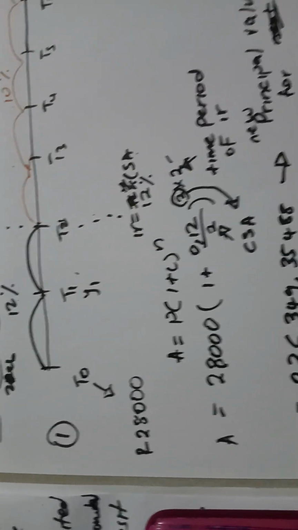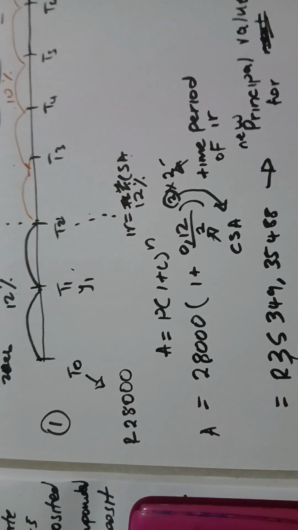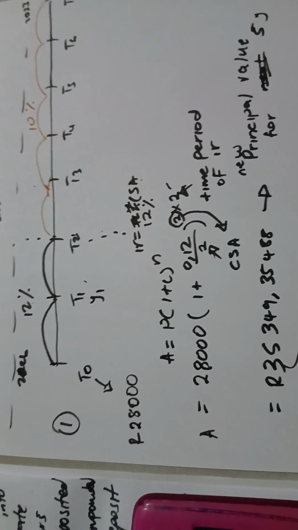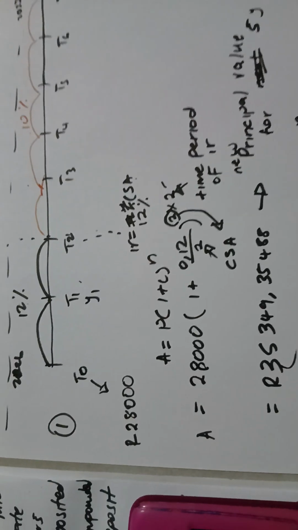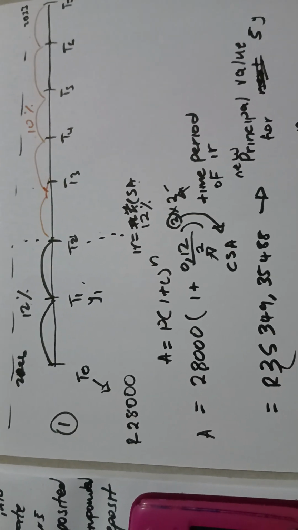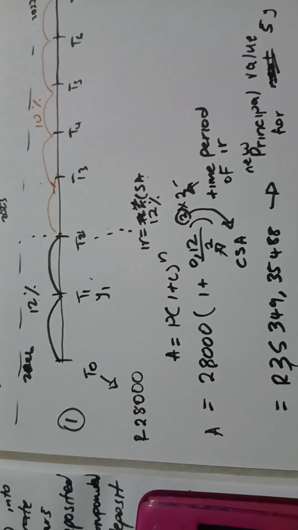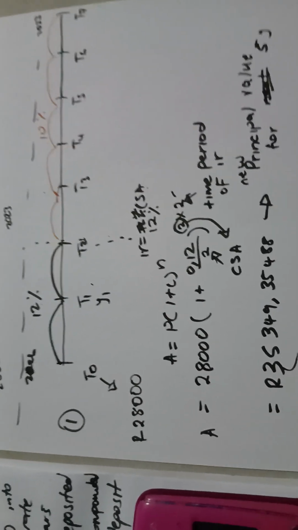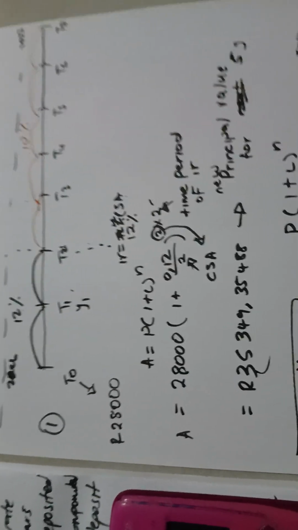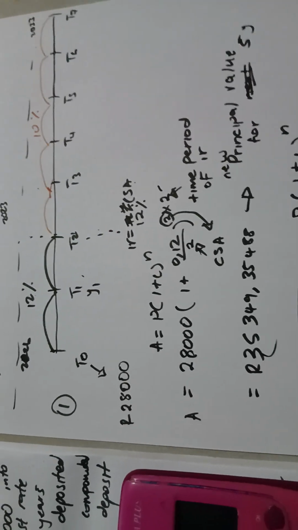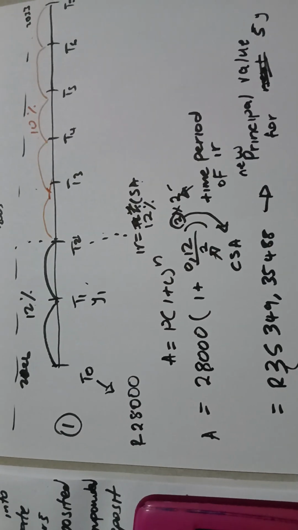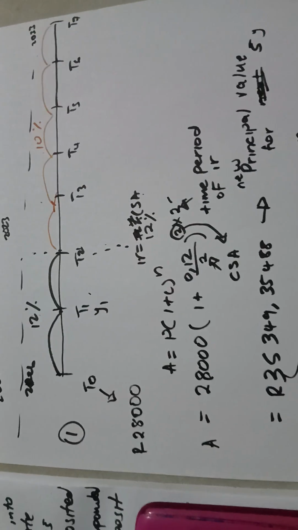So for the first 2 years, when the interest rate was 12%, this person got 35,000, which means his money accumulated to 35,000. Then after that, since this person is not withdrawing the money, it sticks to the end goal, where this person will be investing the money for 7 years.